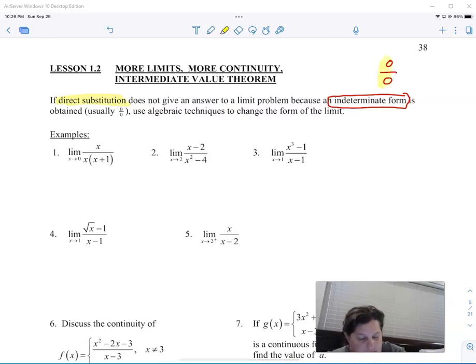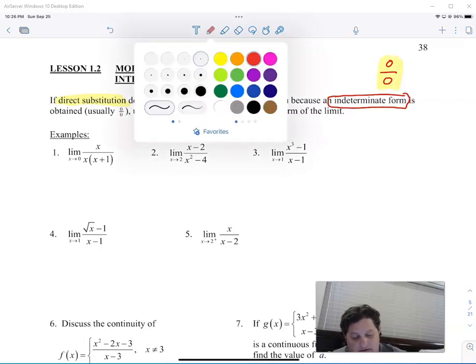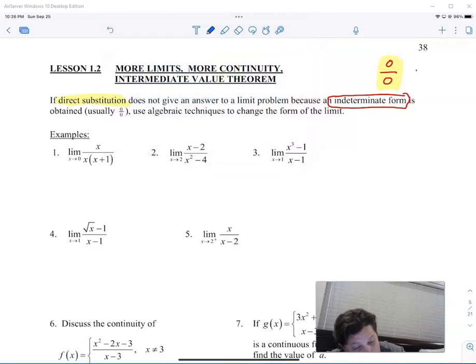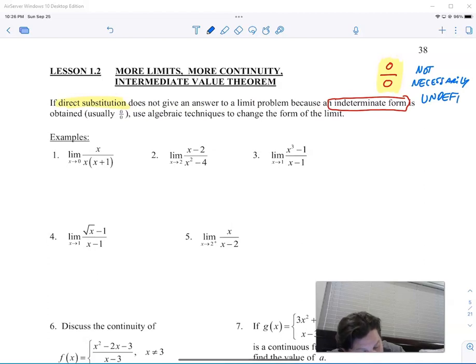This is really important. This is an indeterminate form. It is not undefined. Not necessarily. I guess it could be. But it's indeterminate. And we use algebraic techniques to change the form of the limit.